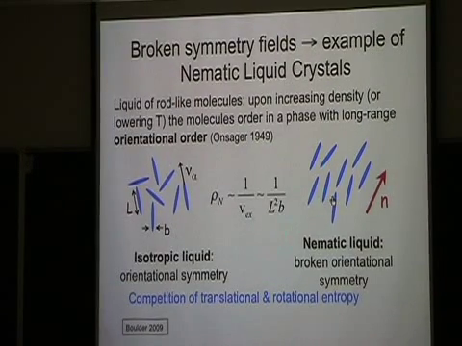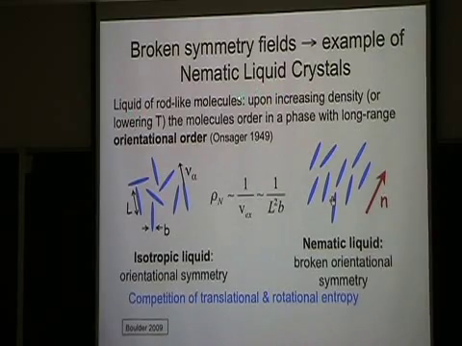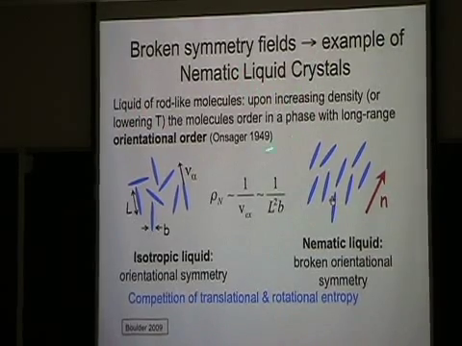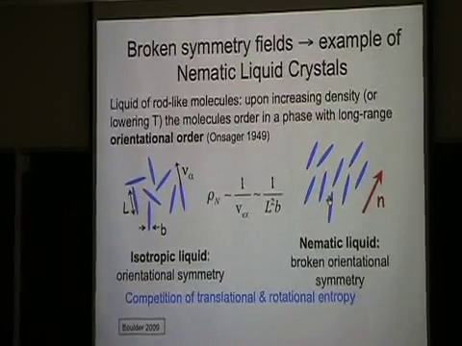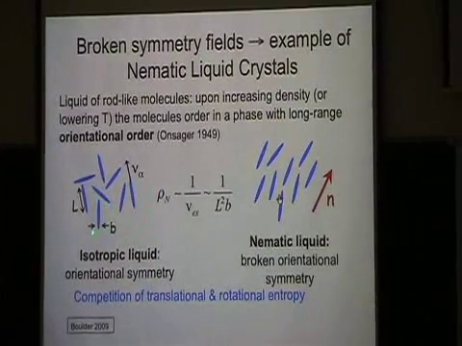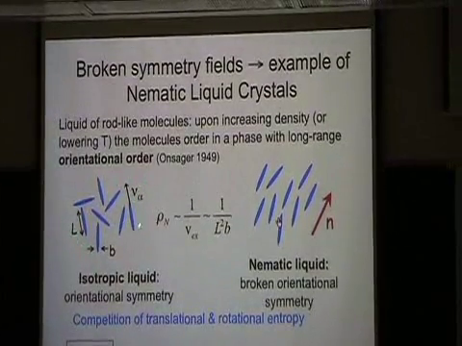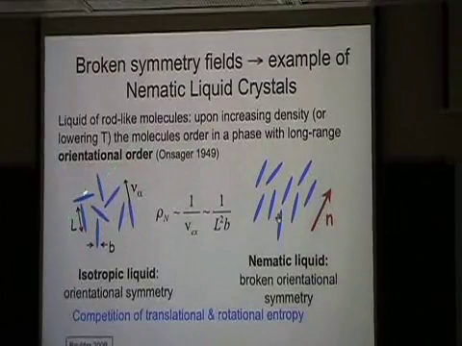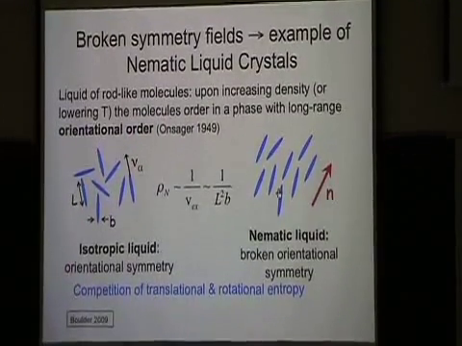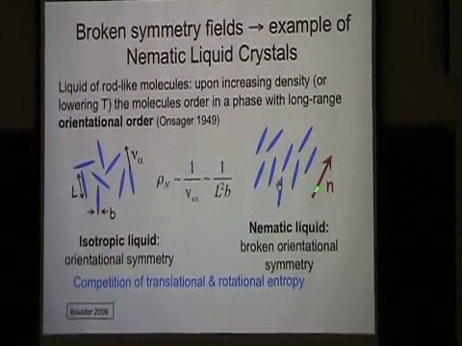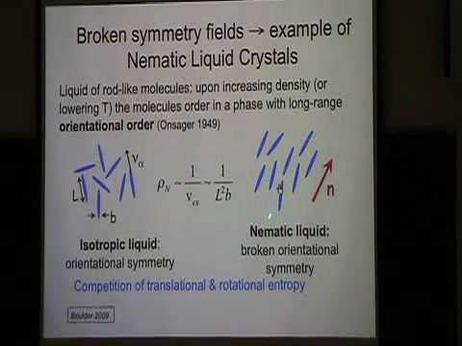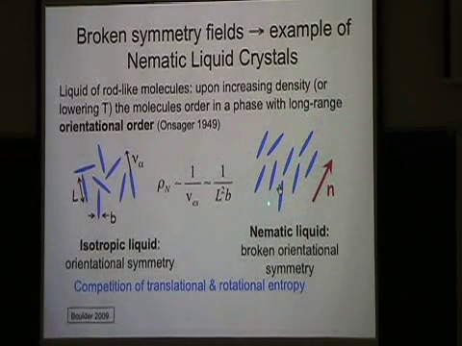But so far, this is just equilibrium. So what's a nematic liquid crystal? It's a liquid of rod-like molecules. In fact, even just hard rods can undergo a phase transition as a function of density from an isotropic state, which is a liquid that exhibits no orientational order, the rods pointing on average in no direction, to a liquid state that has broken orientational symmetry.